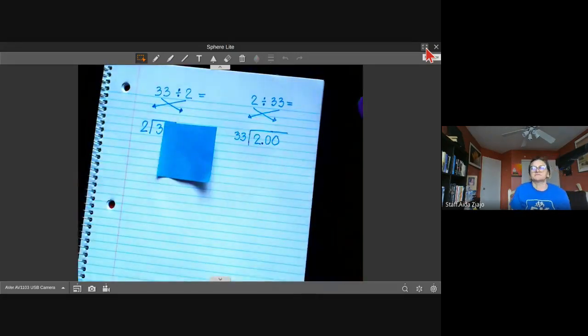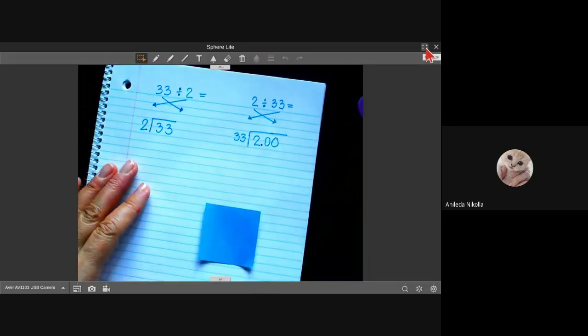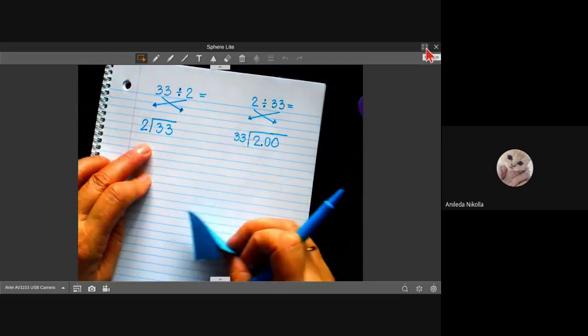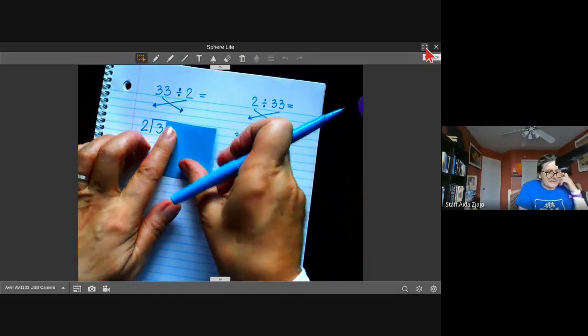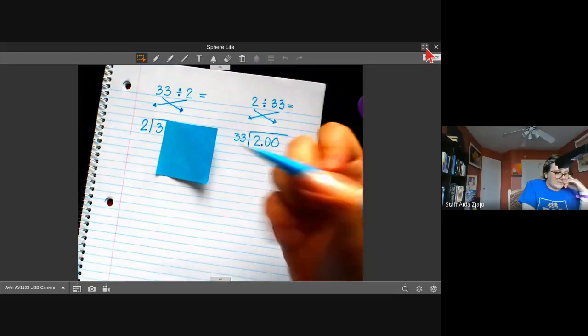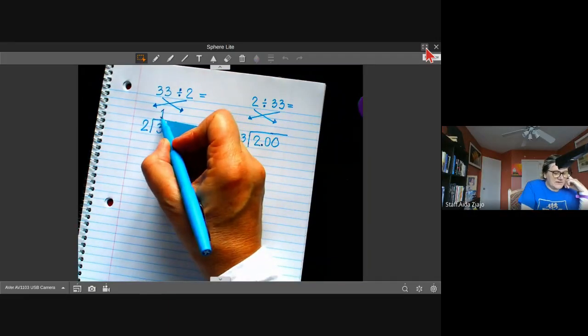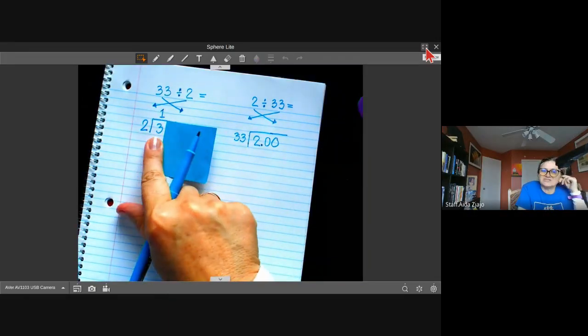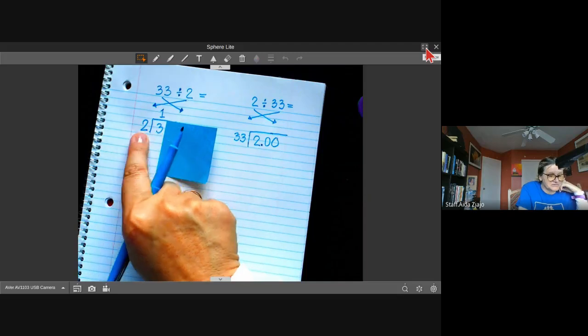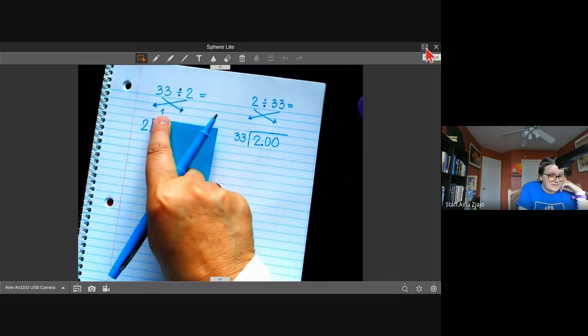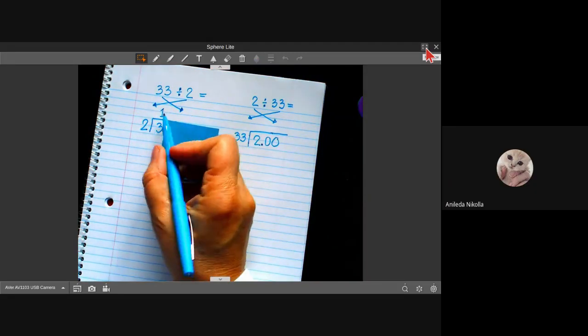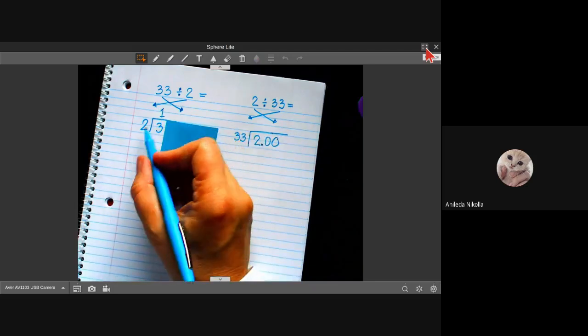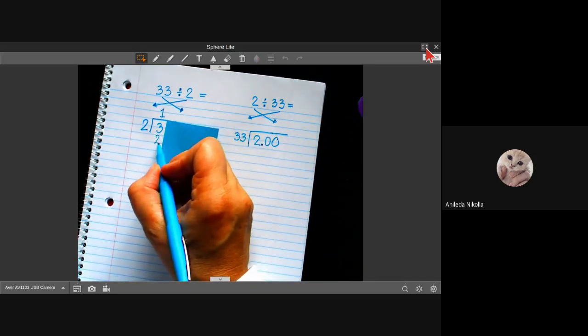How many 2s are in 3? There is 1. Okay, there's 1. So that means I can make one group of 2 in the 3, and then what do I do? 1 times 2 equals 2, and so you subtract 2 from 3.